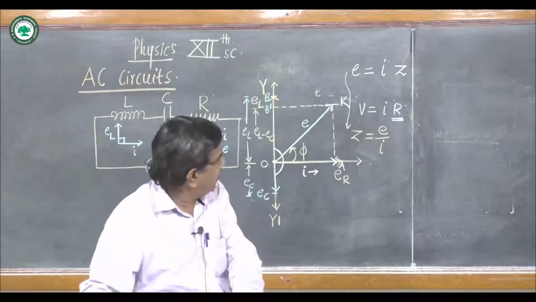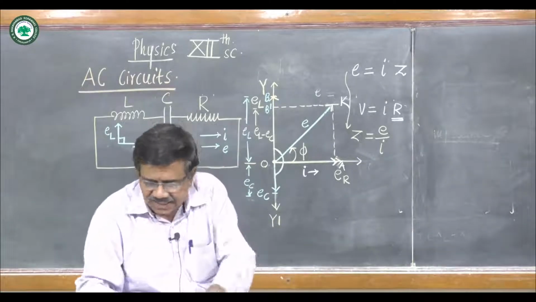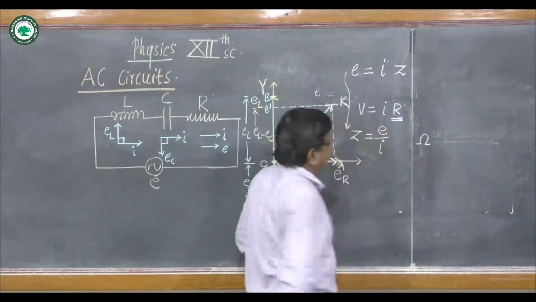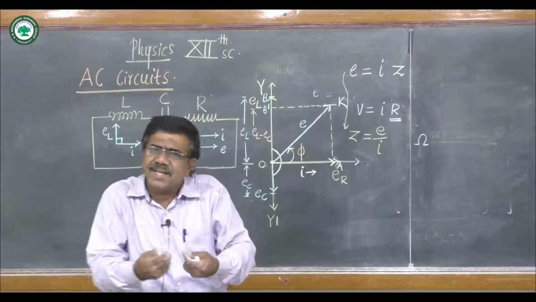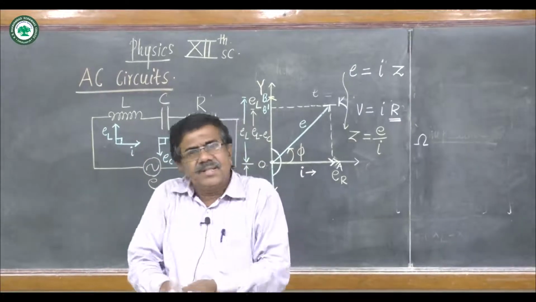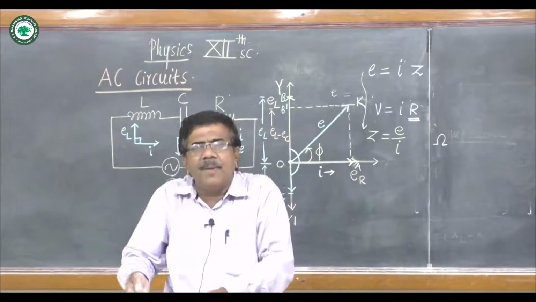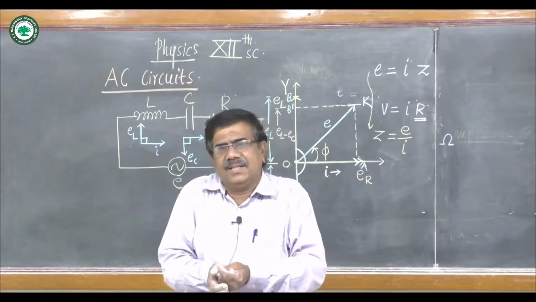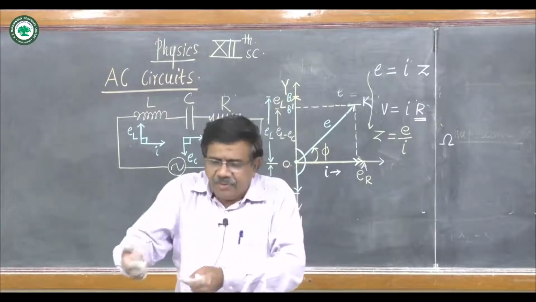The SI unit of impedance is the same as resistance, that is, ohm, because it is the effective opposition by the inductor, capacitor and resistor to the flow of alternating current.